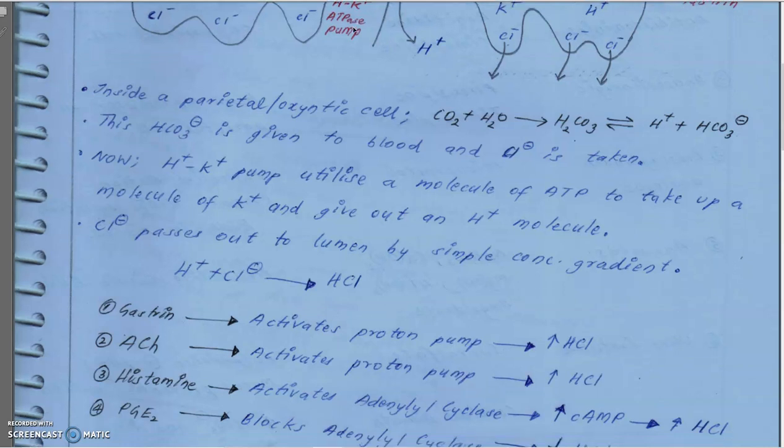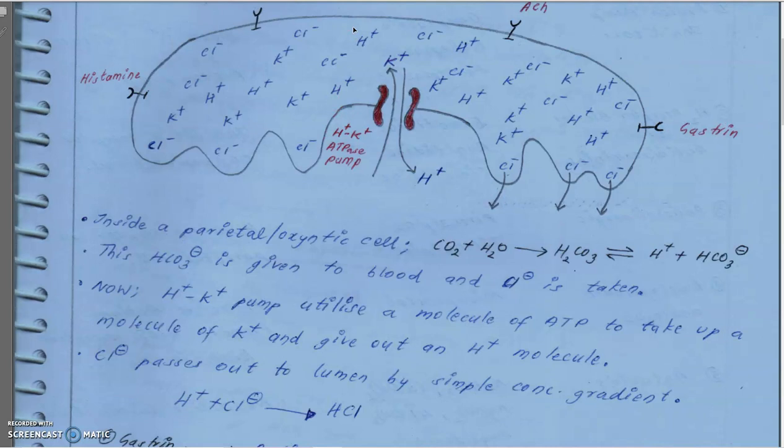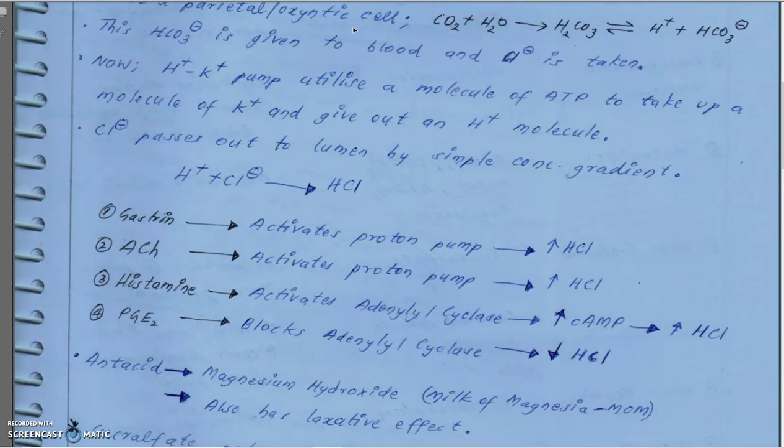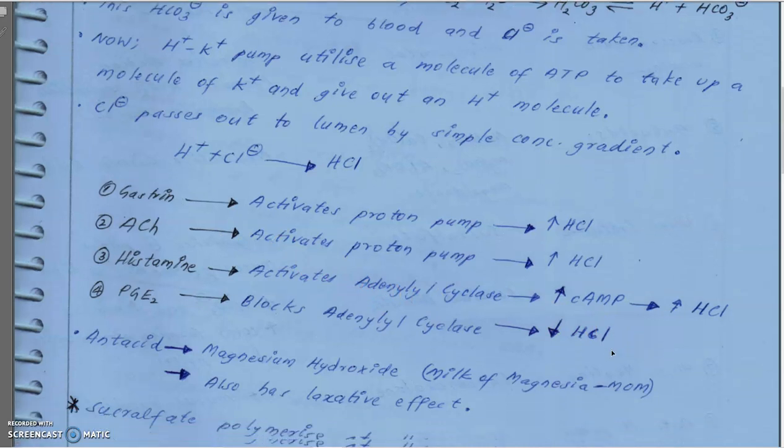Now we're going to the histamine receptors present over there. Histamine activates the adenylyl cyclase enzyme, so cyclic AMP will be more, so HCl production will be more. Then the next one, PGE. Whenever a molecule of prostaglandin comes and binds to the prostaglandin receptor situated over the parietal cell, adenylyl cyclase activity is blocked. So the HCl production will be simultaneously reduced.